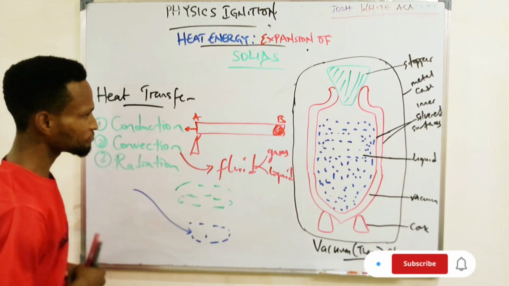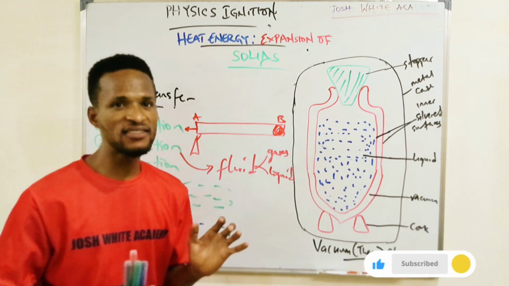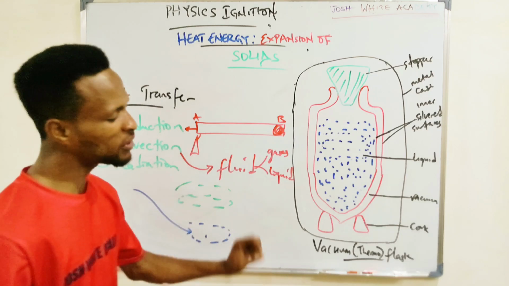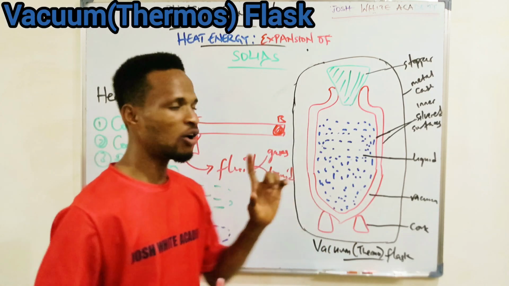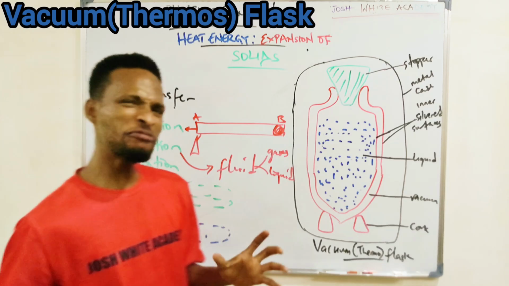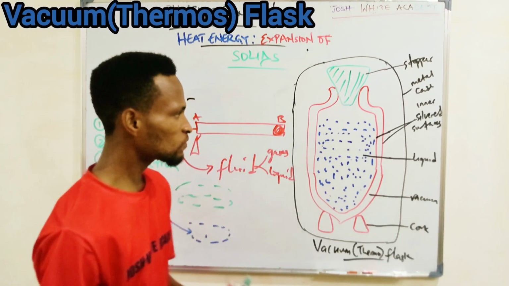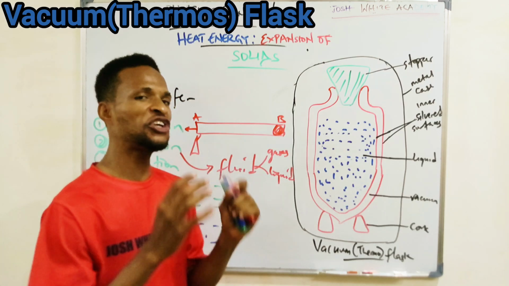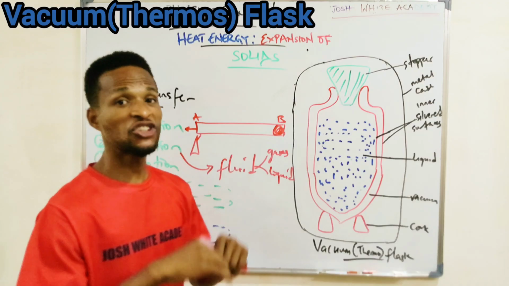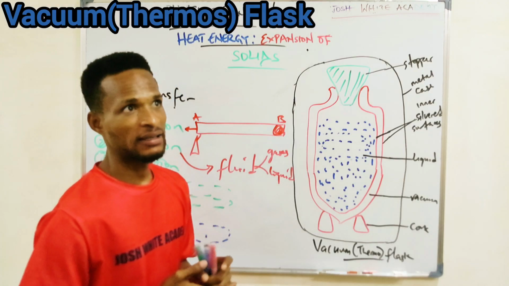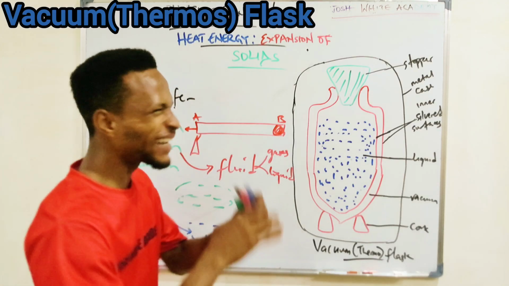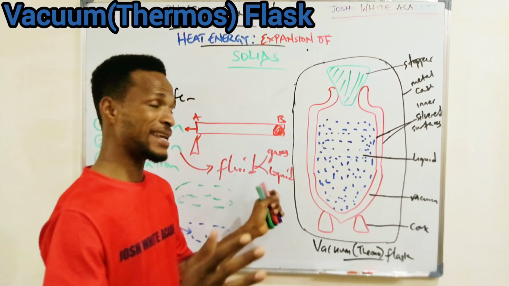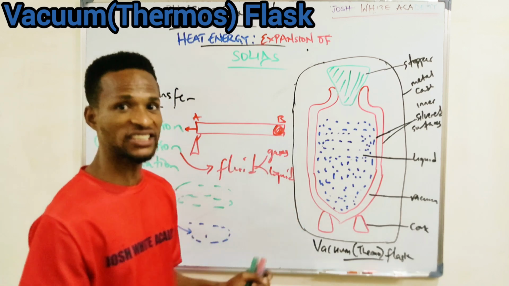Please take note. Now, let's use this knowledge of heat transfer to explain its application in the vacuum flask or thermoflask. A vacuum flask is an apparatus which keeps a liquid stored in it at a relatively constant temperature over a period of time.